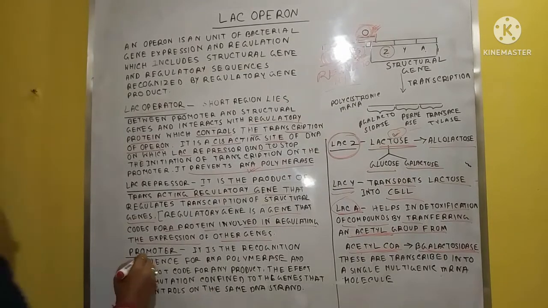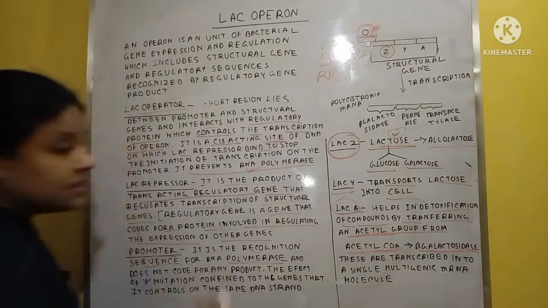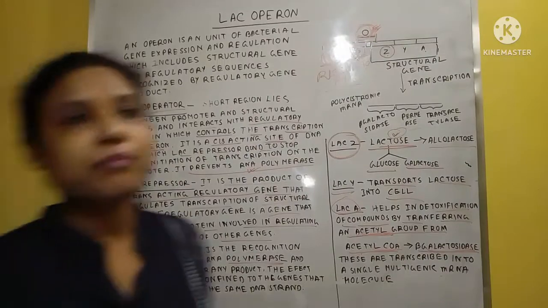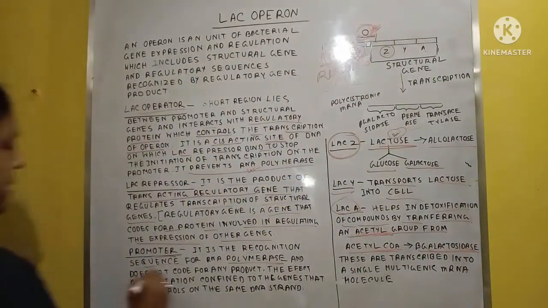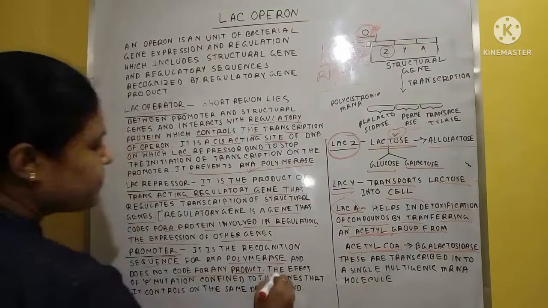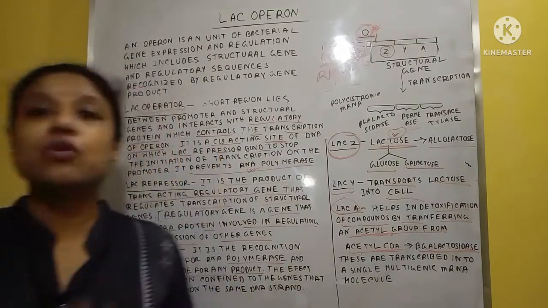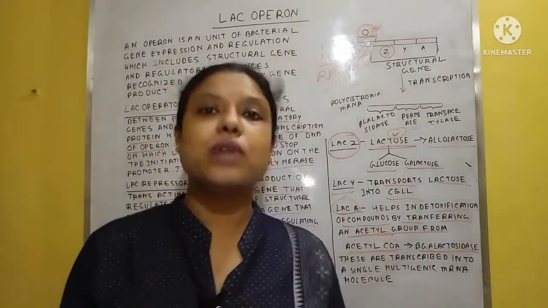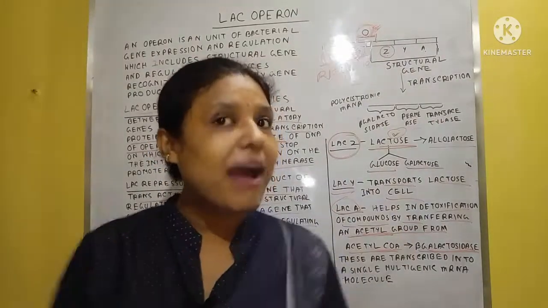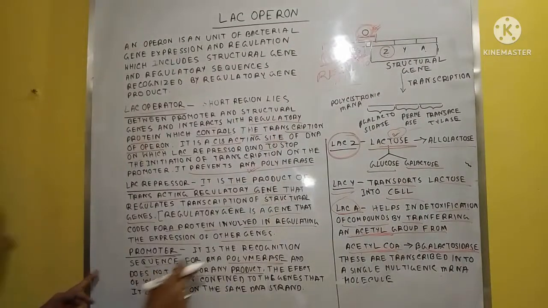Next one is the promoter. What is the role of the promoter here? It is the recognition sequence for RNA polymerase. This site is very important because RNA polymerase binds here. It does not code for any product. That means without RNA polymerase binding here, no product can be formed.